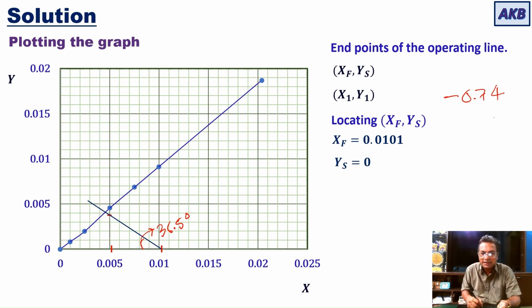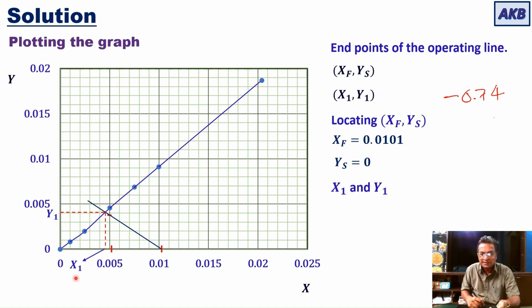Now once I do that, I get the intersection point. Let me erase it. So then I get this intersection point, and I will read the coordinate. X coordinate of this point will give me x1, and y coordinate of this point will give me y1.